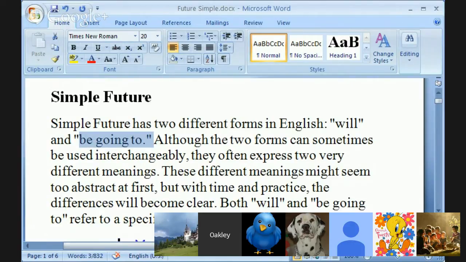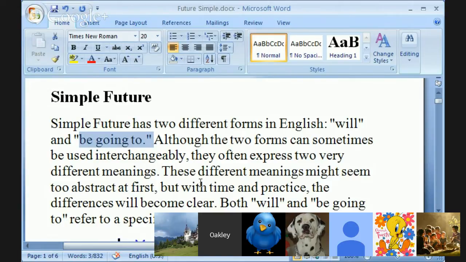However, they can express 2 different meanings, well, really an extra meaning with the be going to. And we'll discuss it more as the class continues. But we use be going to show that it's a planned future event. It's not just a prediction, it's a plan.